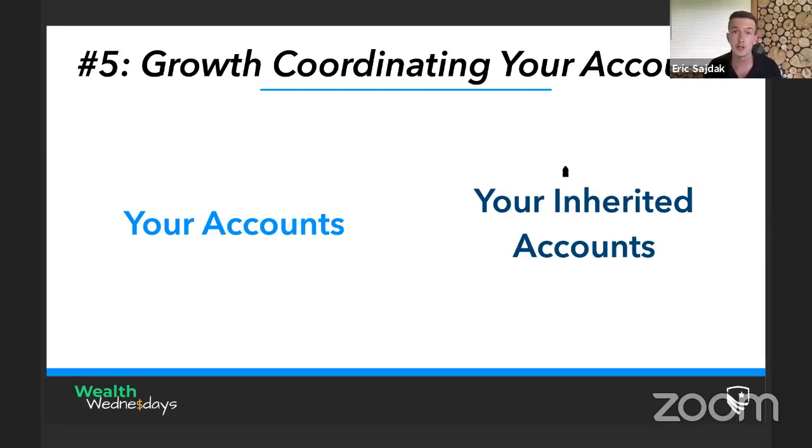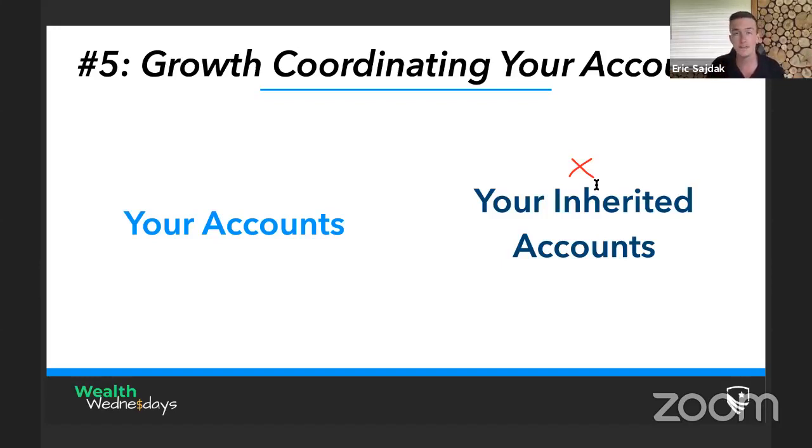But from a traditional IRA standpoint, what I would say is you want to invest the inherited traditional IRA to be your safest vehicle. So if you're keeping cash, let's keep it in the inherited IRA because you're forced to take out that full balance in 10 years. So we want to minimize that balance as much as possible.